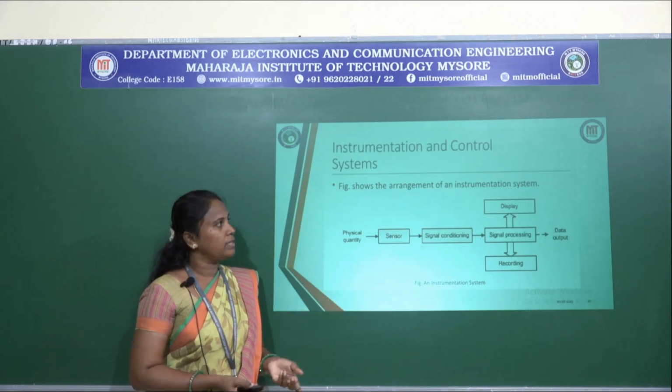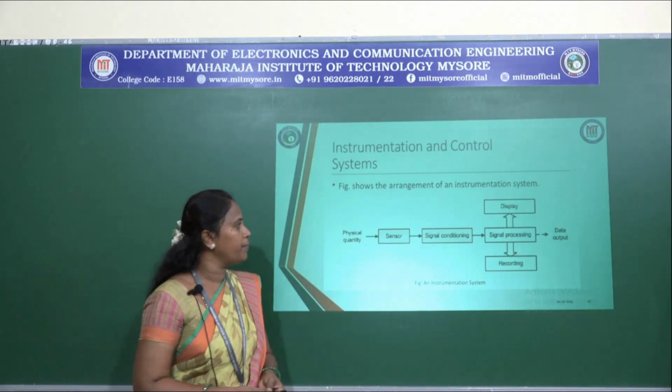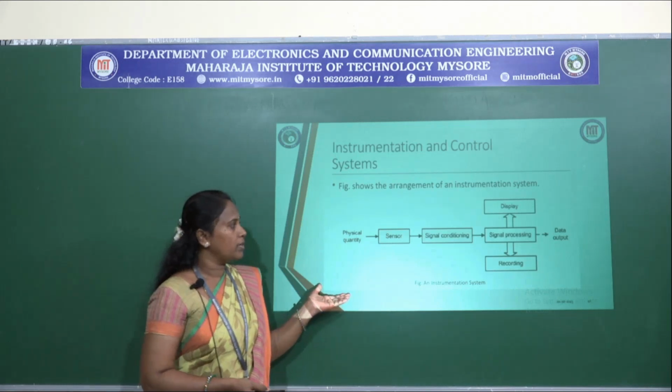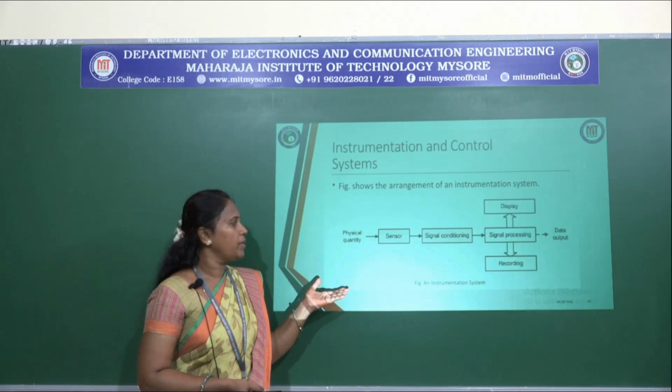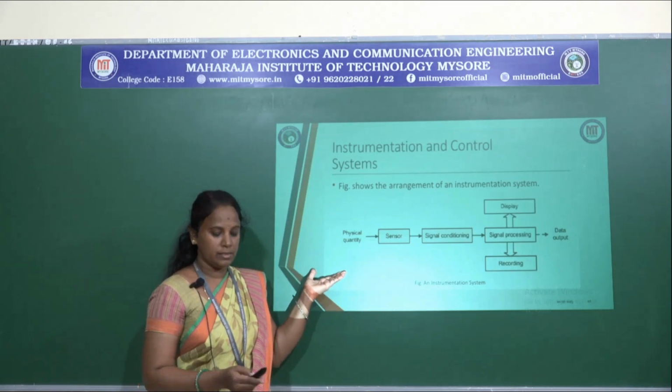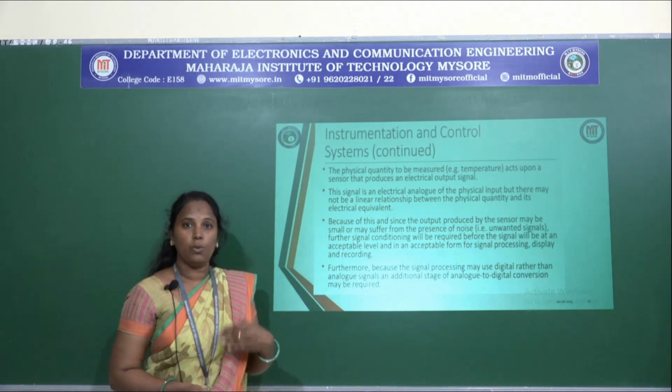As you can see here, we have a block diagram of an instrumentation system. In the block diagram, the input is a physical quantity, which means what you want to measure.